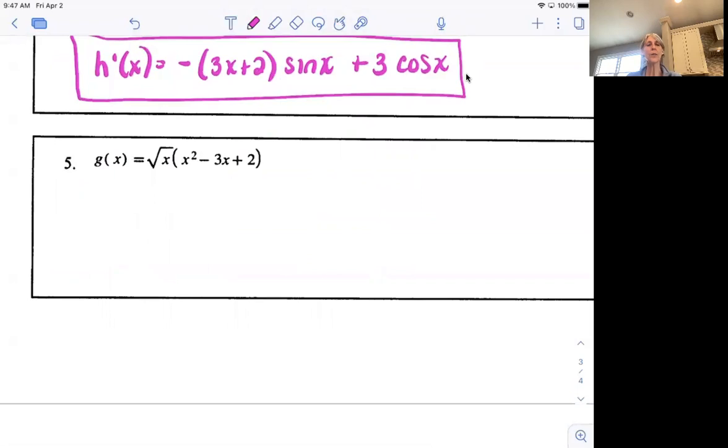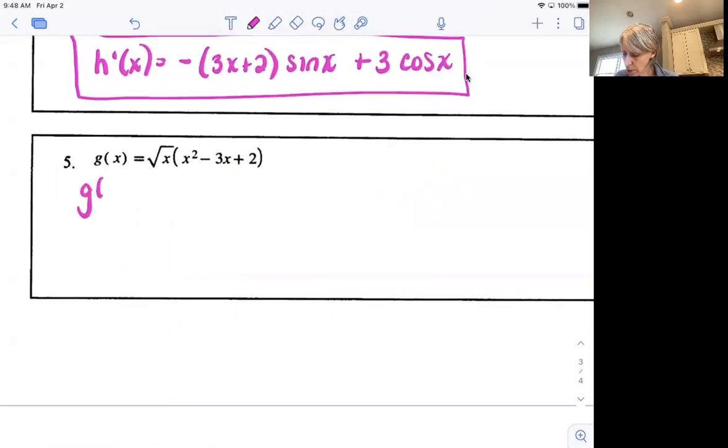If g of x equals square root of x times that trinomial. Well, first of all, let's rewrite this because I need that radical sign out of the way. And now this is a classic example where you would not use the product rule.